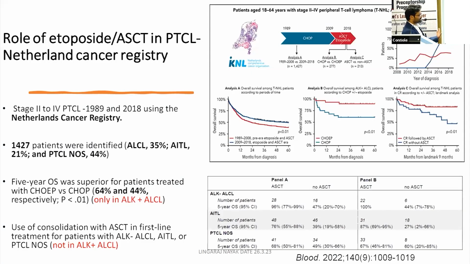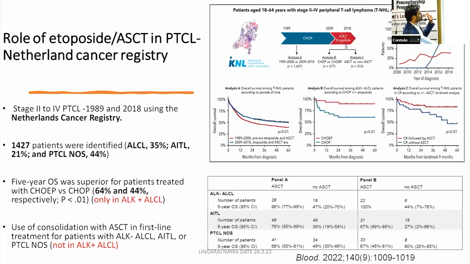And this is the most latest from the Netherlands Cancer Registry. Netherlands, they have a very good cancer registry, and they have data of every patient, what happened to them, and they know the exact cause of death also, why the patient died, right? You can see many publications from Netherlands coming for various cancers, right? So this is from 1989 to 2018 and 1400 patients, a big data set.